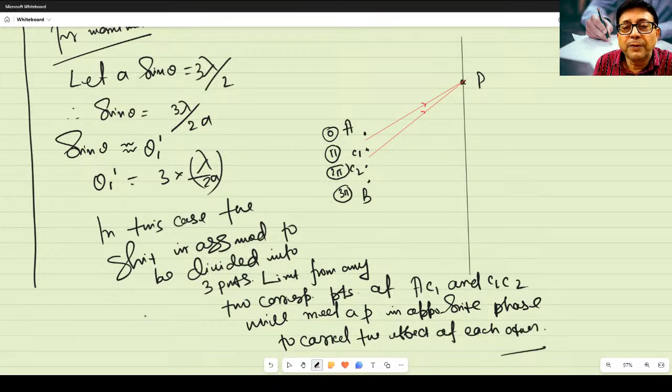Light from any two corresponding points of the first two parts will meet at the point P in opposite phase to cancel the effect of each other.